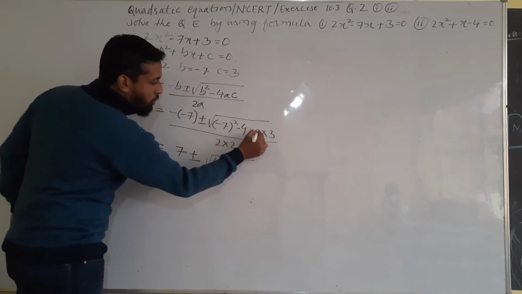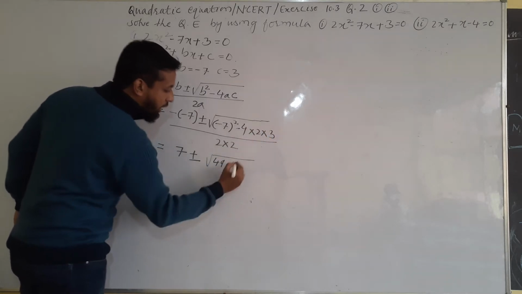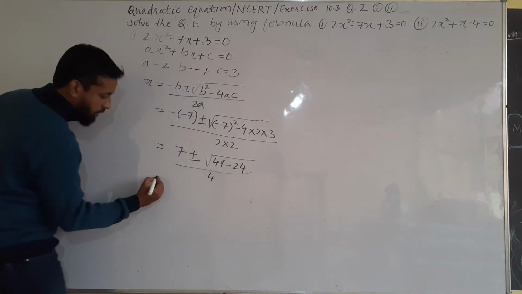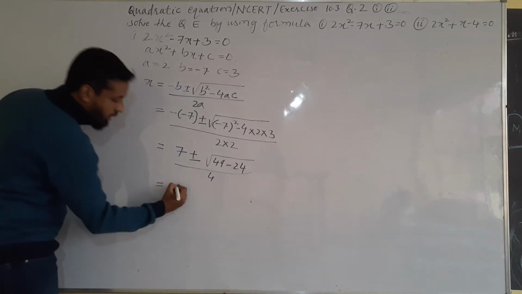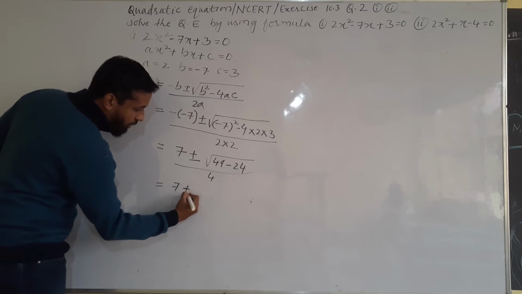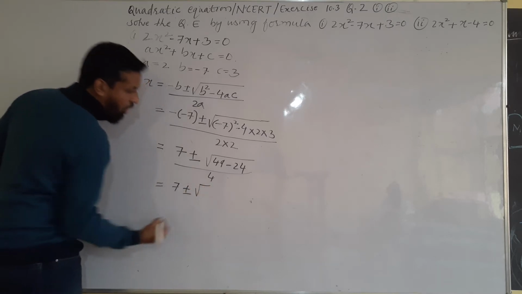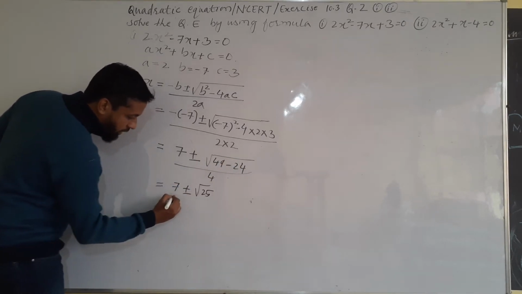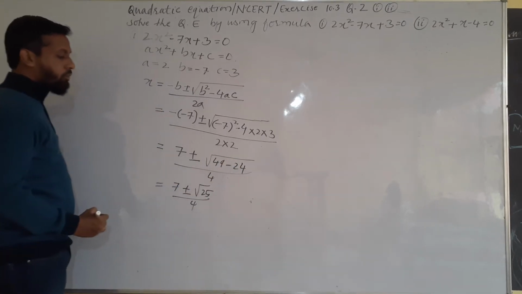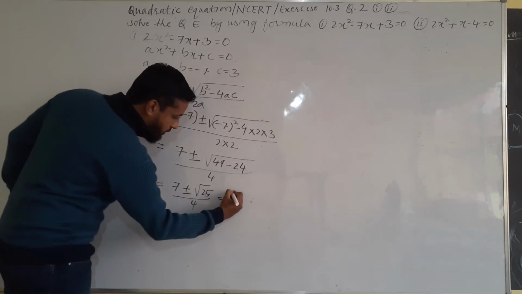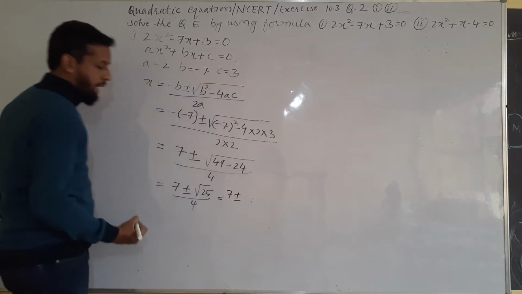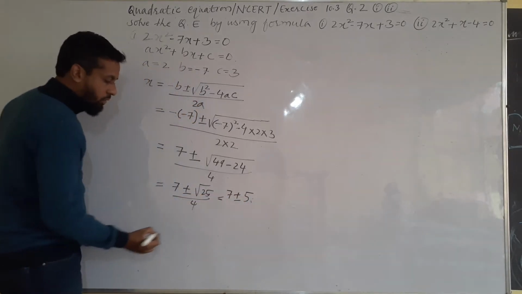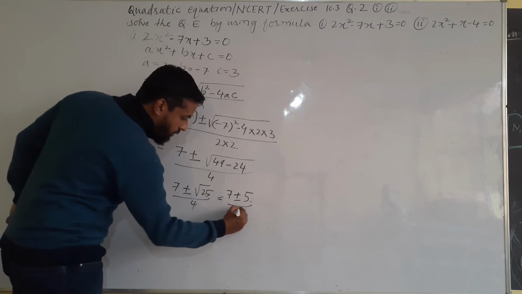Then minus 4 2s are 8, 8 3s are 24. Divided by 4, which is equal to 7 plus or minus under root of 49 minus 24 is 25, divided by 4, which is equal to 7 plus or minus under root 25 is 5, divided by 4.